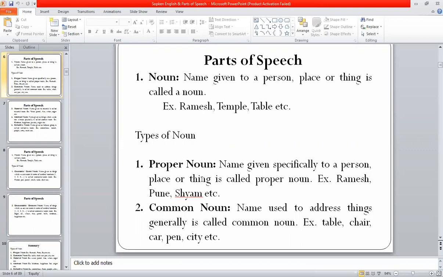There is no proper noun regarding the dog, and that is why it is also called a common noun. Then dog, cat, elephant, tiger, these come under the common noun. So this is about the common noun. We have discussed the proper noun and common noun. So these are the two types of nouns.